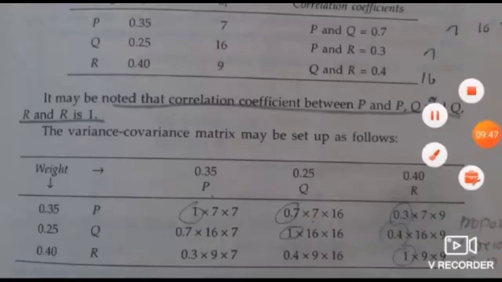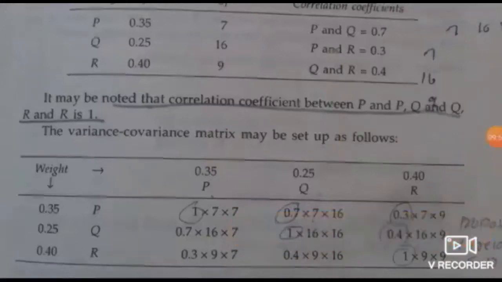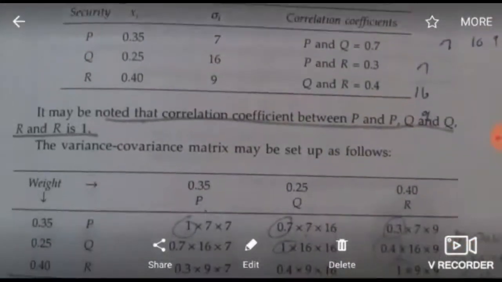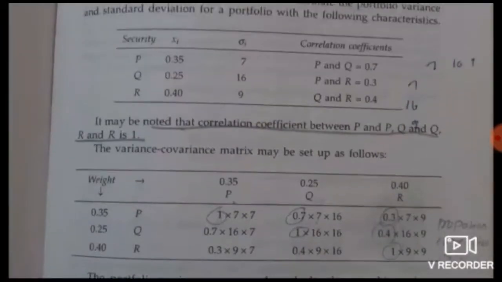How we are calculating is that the first row is 1 into 7 into 7. So how come it is 1 into 7 into 7? We know the P and P correlation is 1, so we denote it as 1, and the 7 is sigma i. So P and P is 1 into 7 into 7.